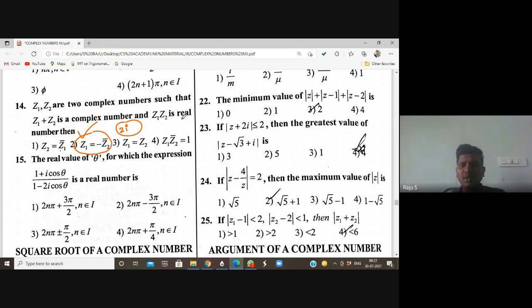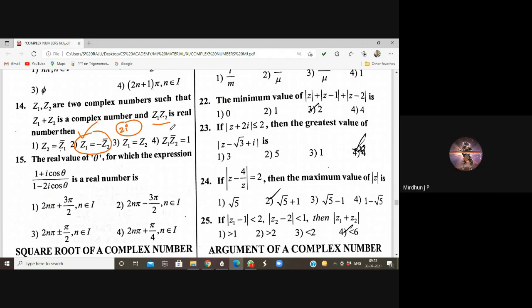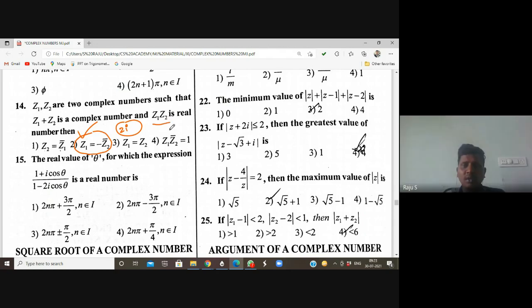I'm taking Z1, Z2 as real numbers. No, for real numbers, two conditions are there. The fourth option may also come. How will the fourth one come?